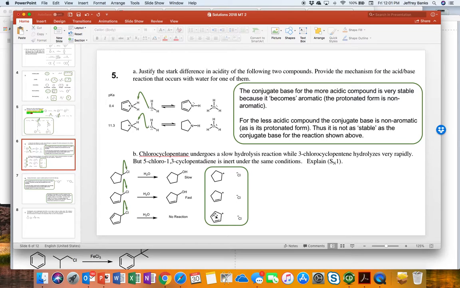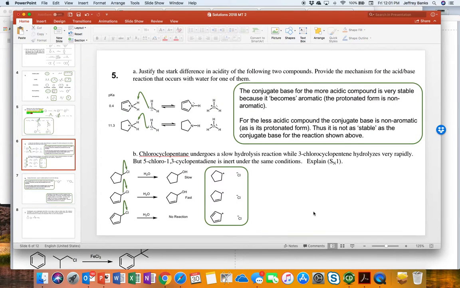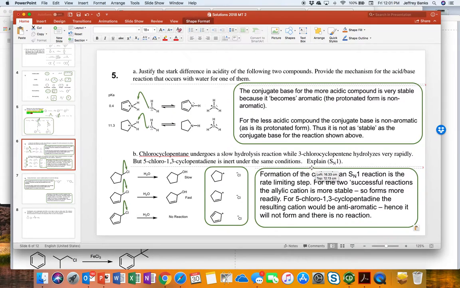It's going to be very unstable, and hence it won't form. This is less stable than either of them, actually. And the secondary carbocation, we know that we can get reactions from that. So again, let's put this down in words. There we go. And that answers those questions.